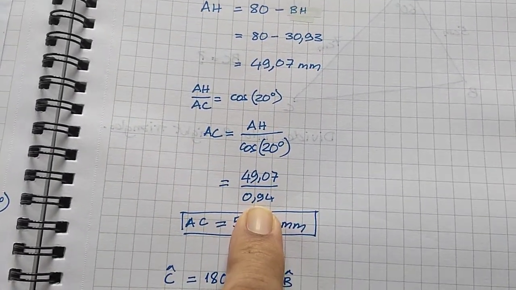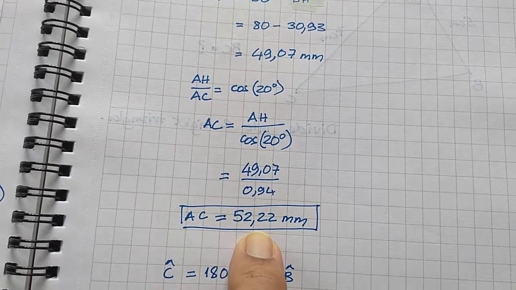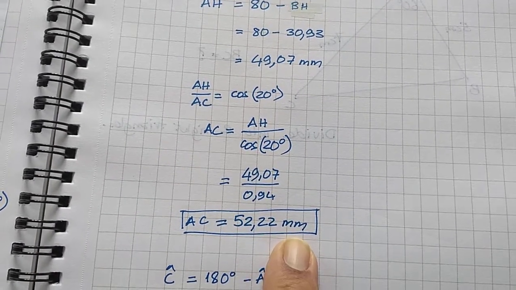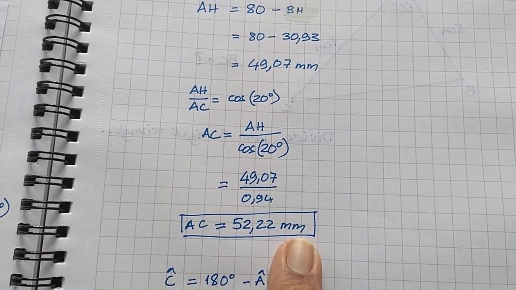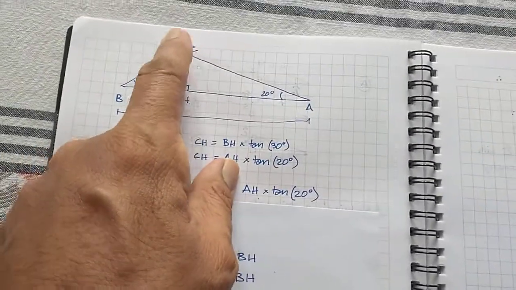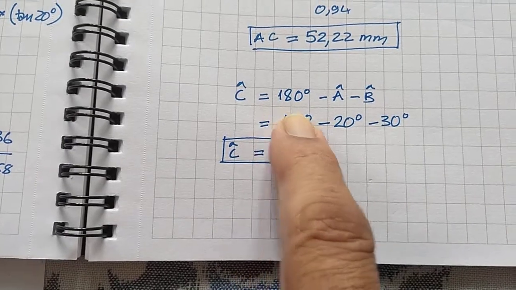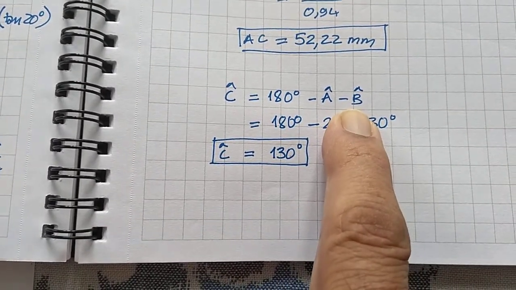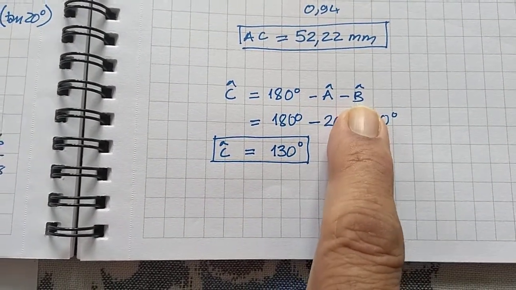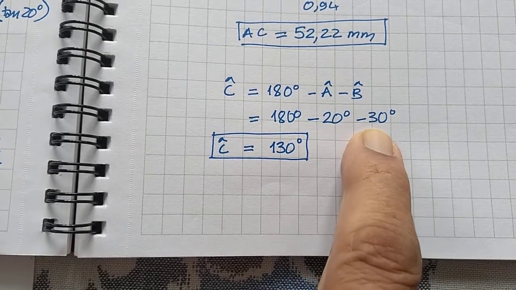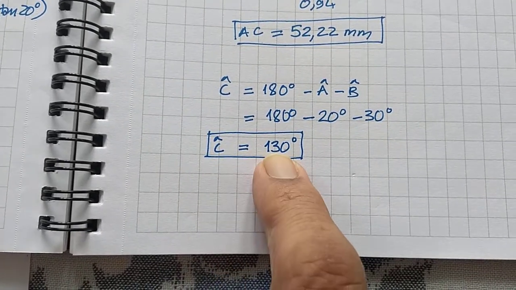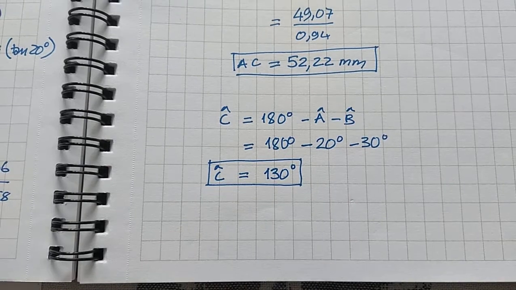I got that off the calculator. So AC is equal to 52.22 millimeters. So we have found out this side and this side. And of course C, as we already did, was 180 degrees minus angle A minus angle B, 180 minus 20 degrees minus 30 degrees. Angle C is equal to 130 degrees.